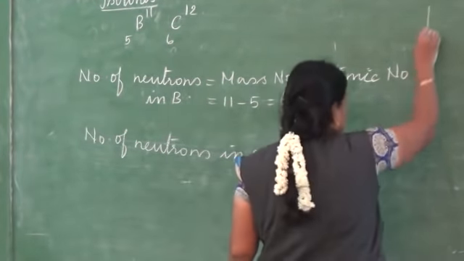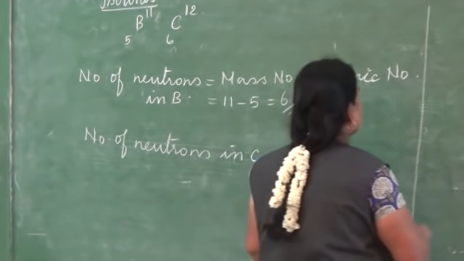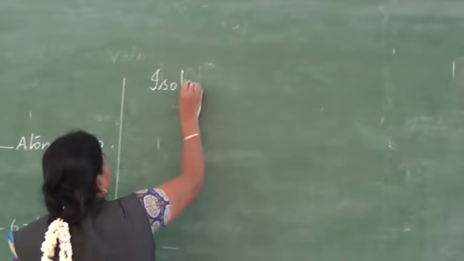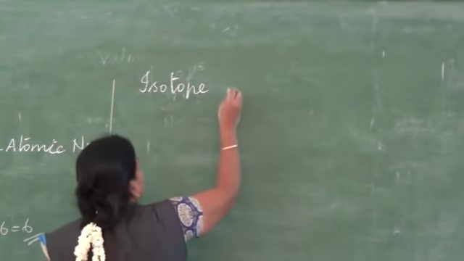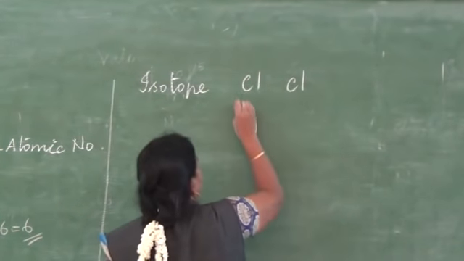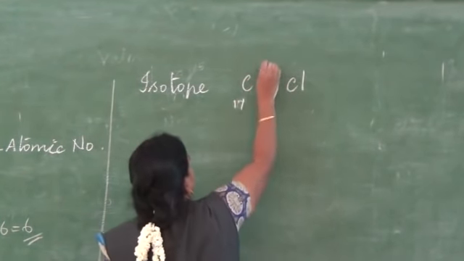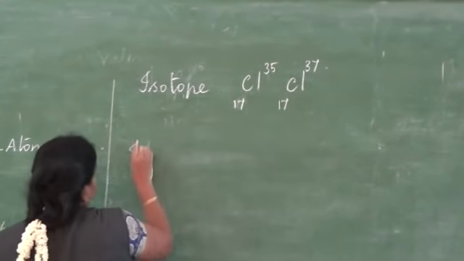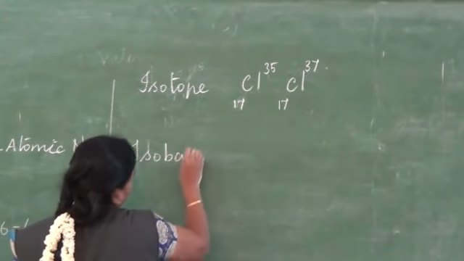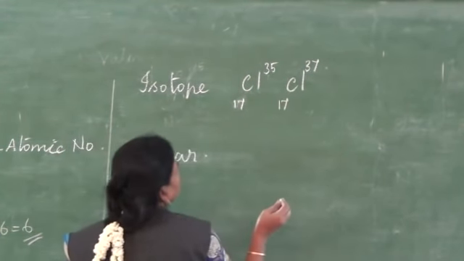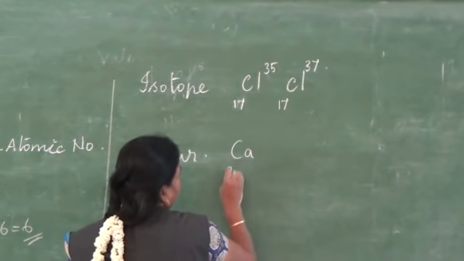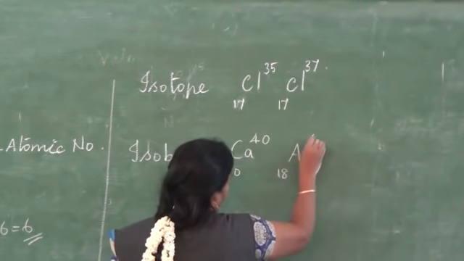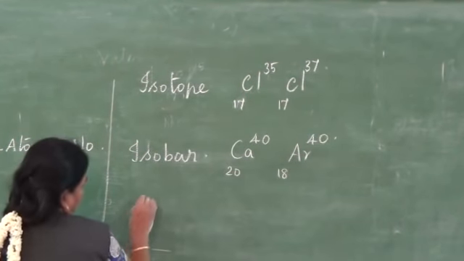So let us summarize the things that we have seen in this session. Isotope, and then isobar, and then isotone.